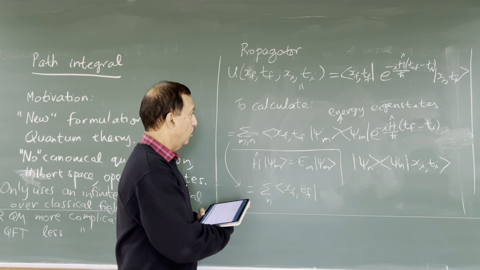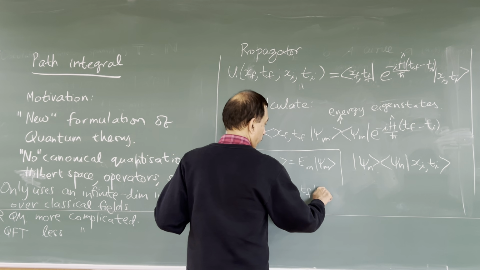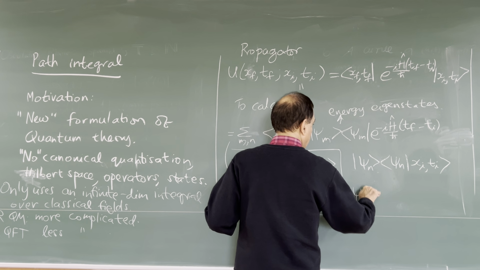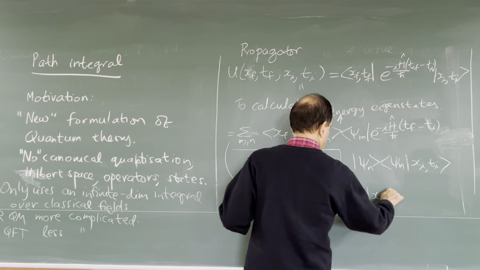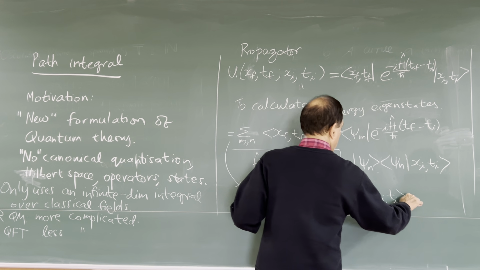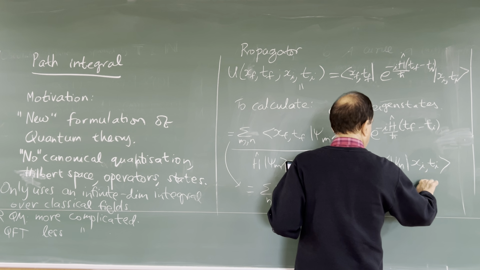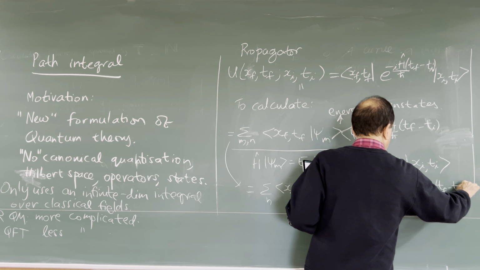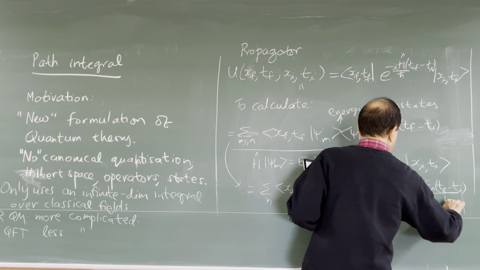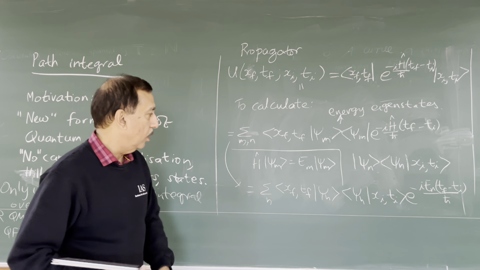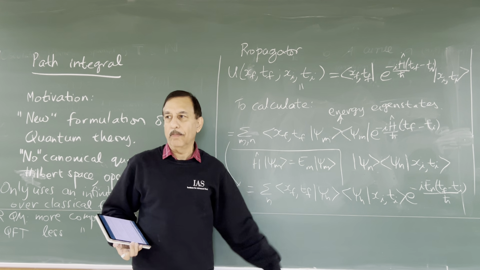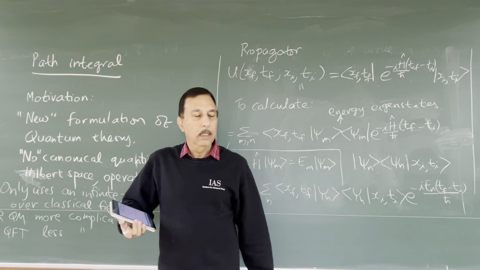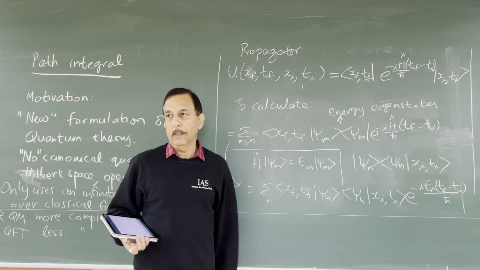We'll only have a sum over n, and we'll have here psi n, then here we'll have psi n xi ti, and we'll have e to the minus i En tf minus ti over h bar. That is just a phase. That's a pure number, so I took it out. So everything is a pure number here. One number times another number times another number. And I perform the sum, and that's the answer.